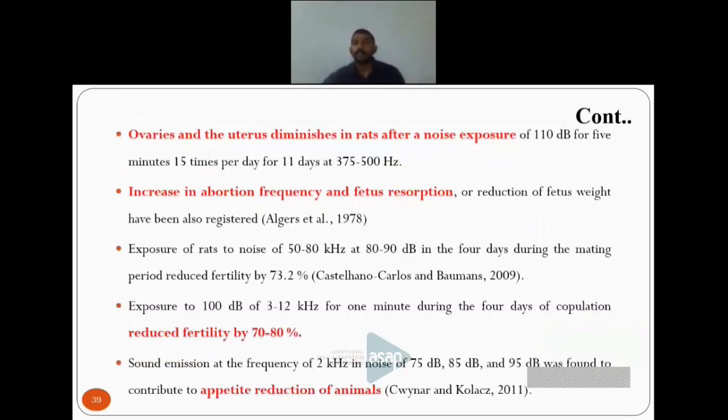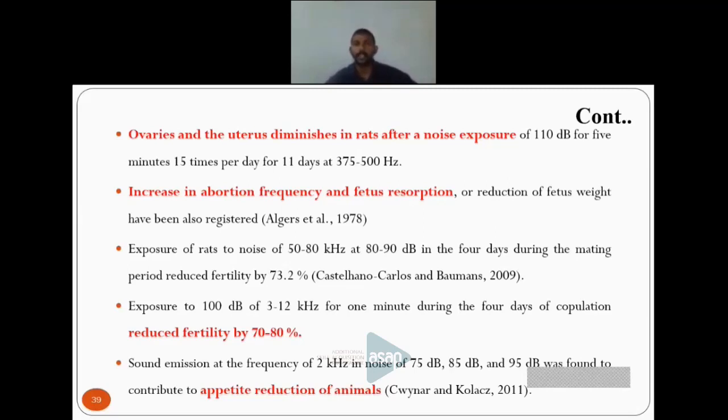Other studies made in rats and poultry farms found that the ovaries and uterus diminished in rats after noise exposure of 110 decibel for 5 minutes a day for 15 days. Next is increased abortion frequency and fetus resorption in rats.